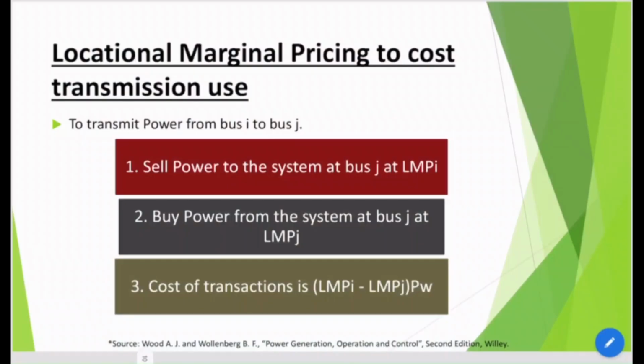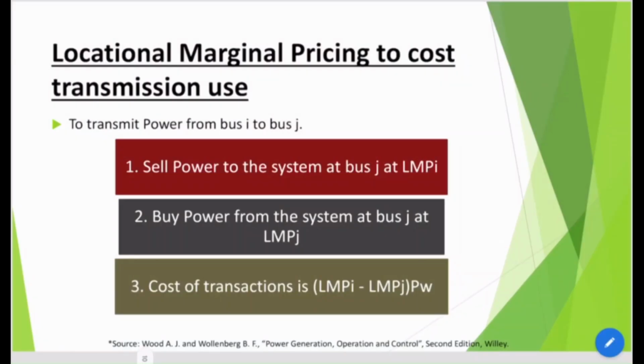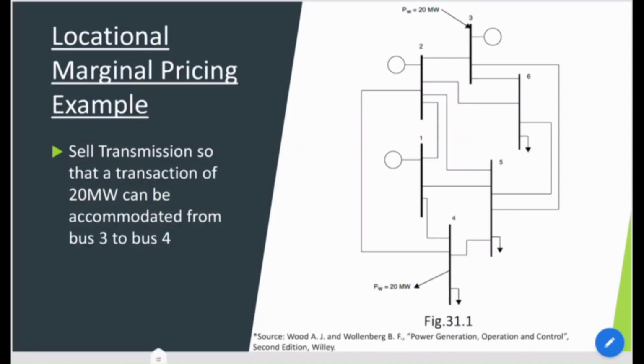So what is the cost of transaction between Jaipur and Ahmedabad? It is the LMP at Jaipur minus the LMP at Ahmedabad, that is LMPI minus LMPJ. The difference multiplied by the transaction, if it is 100 megawatt multiplied by 100, will give me the cost of the transaction. Dear students, I hope you are very clear what I am talking about.